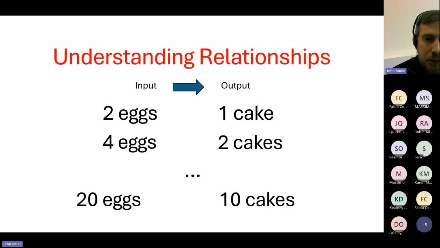We call that a linear relationship. It's a very simple thing, not something we really think about mathematically or that you'd ever graph. But understanding this input-output relationship allows us to make predictions about how that system is going to behave. If someone comes along and says they've got 1,000 eggs, we know how many cakes we can make.